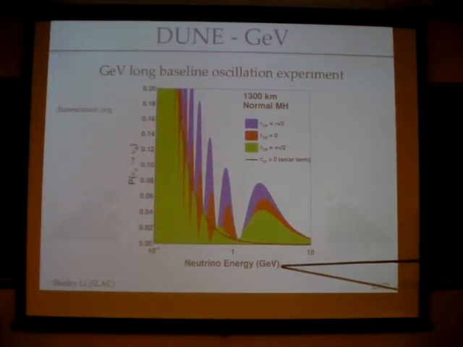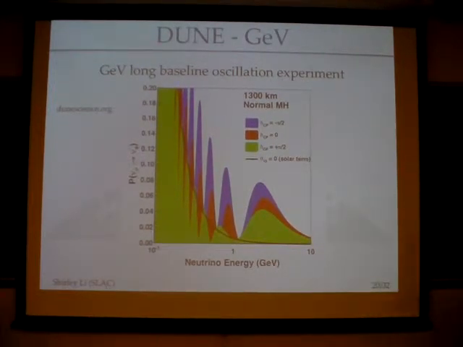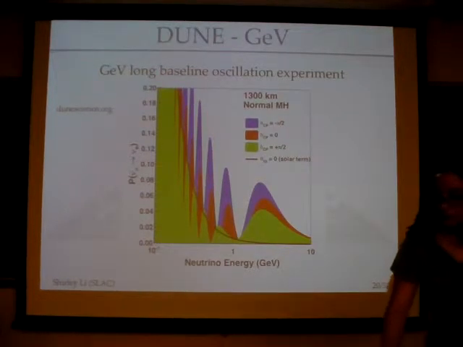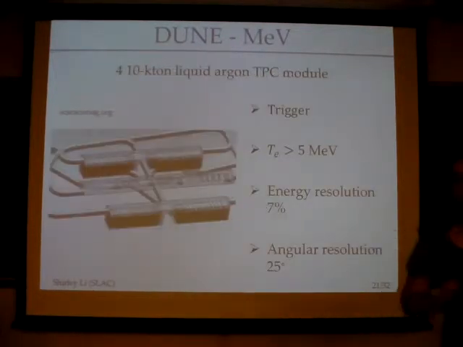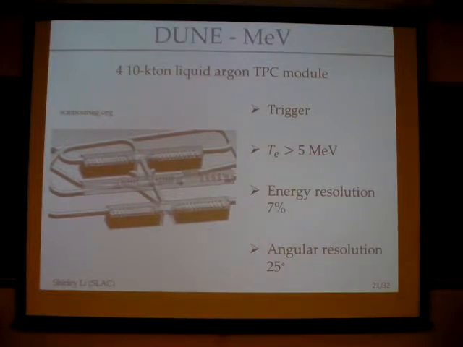And that's sensitive to the value of delta CP and also mass hierarchy. So these two are the main parameters that DUNE is going after. But for our purpose, we're interested in how the detector would work at the MeV energy scale. So we skip everything about beam neutrinos and we just focus on the large far detector.